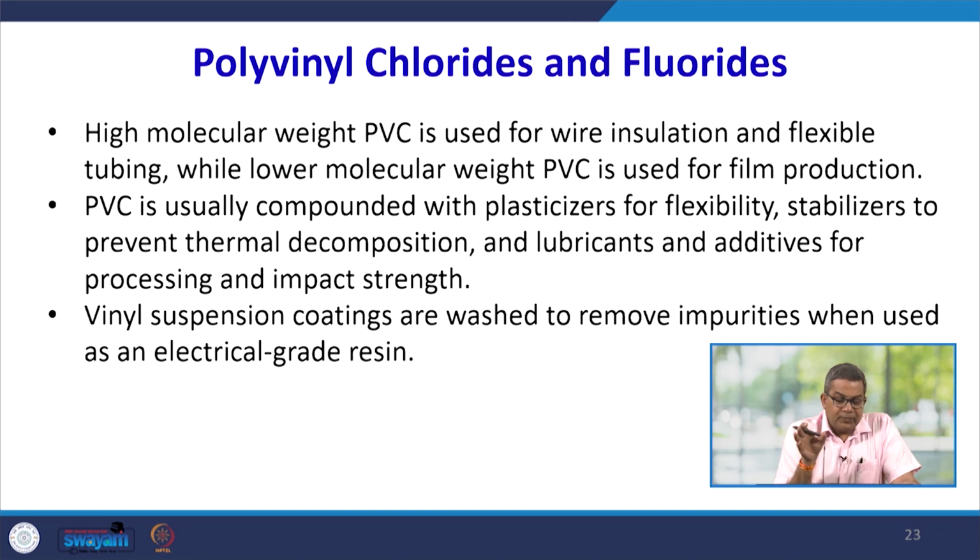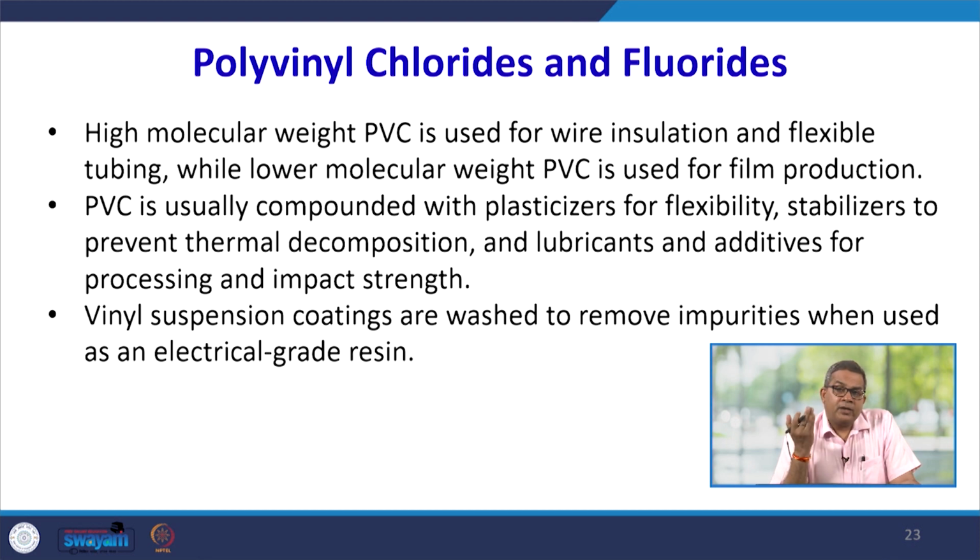Now, PVC is usually compounded with plasticizers for flexibility because sometimes it is stiff, and if you compare electrical insulators with a garden hose, you will see that garden hoses are more flexible. That is because of the presence of plasticizers. They are low molecular weight solvents, and when embedded in a polymer matrix, they provide flexibility.